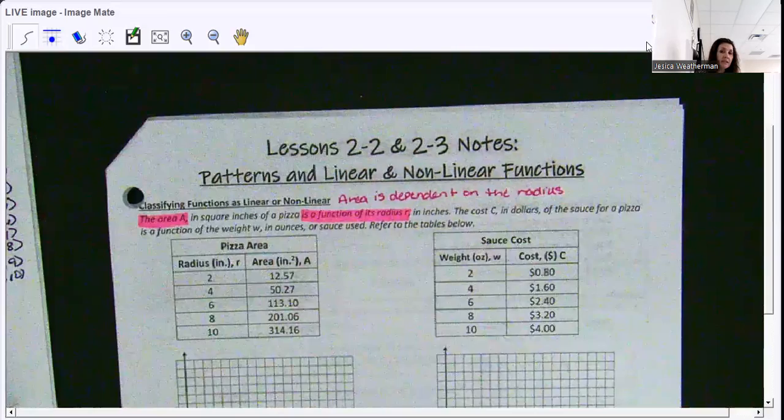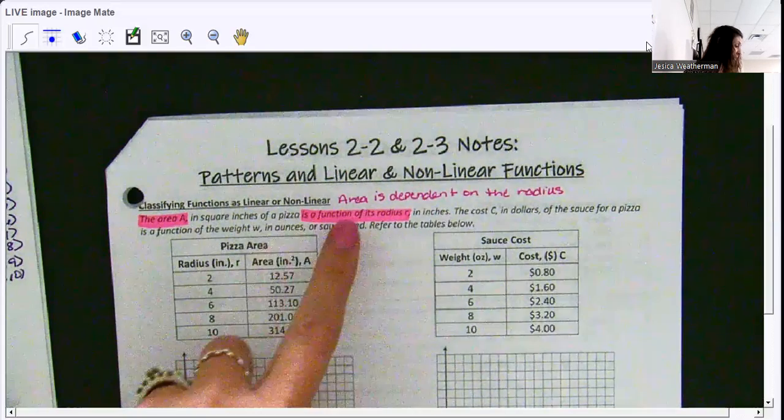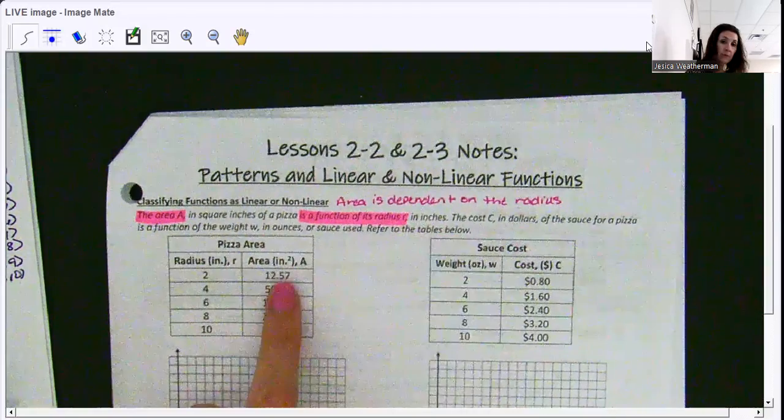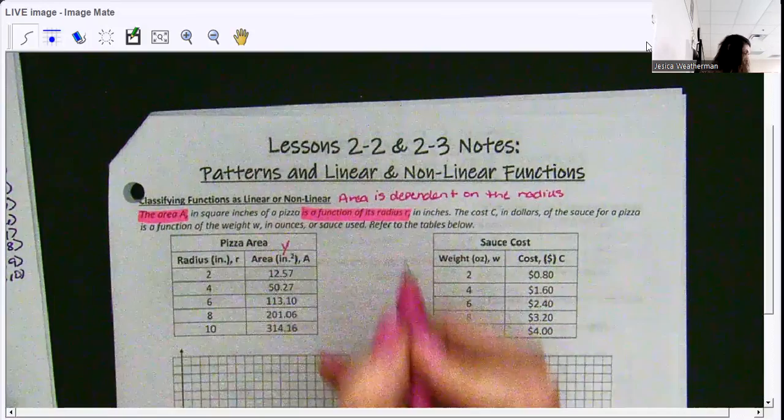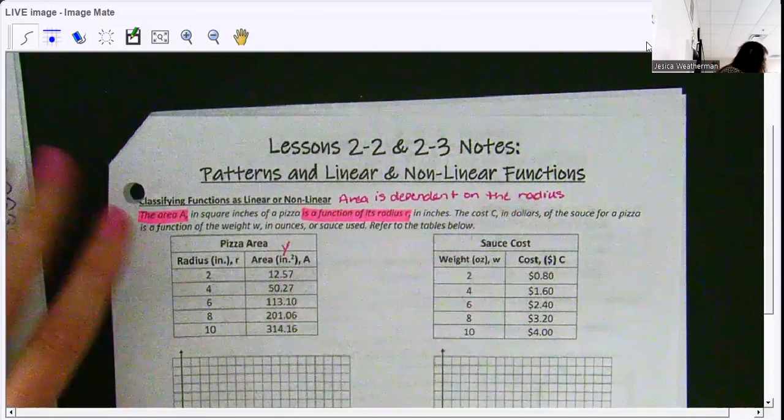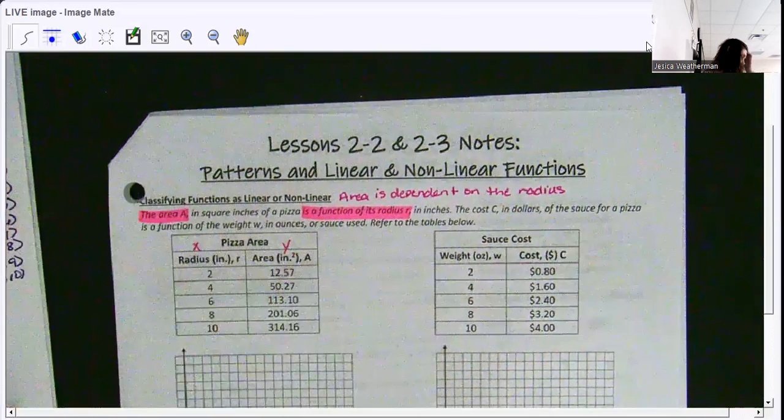So the area depends on what the radius of the pizza is. Since the area is dependent, it is the dependent variable. This would represent our y, and then the radius would represent our independent variable, the x.